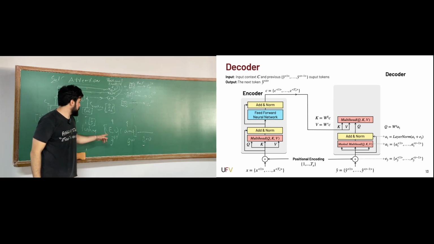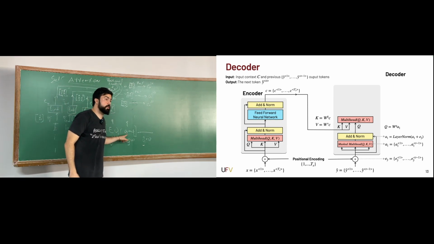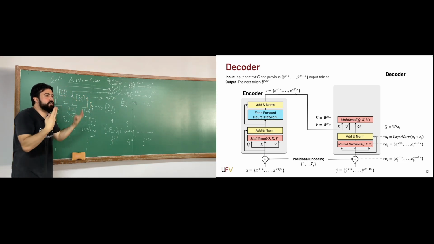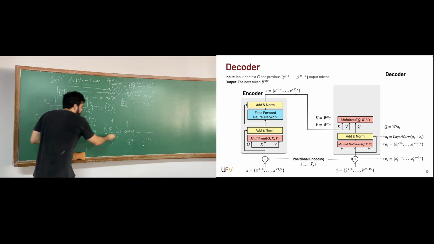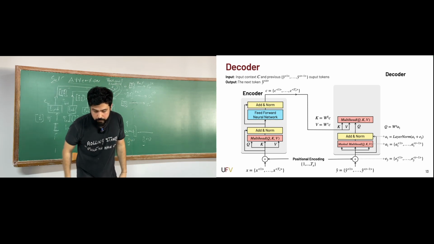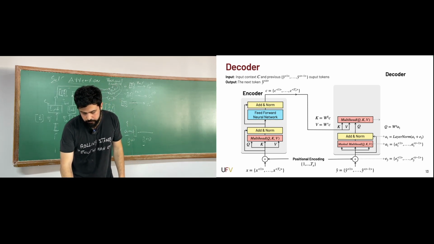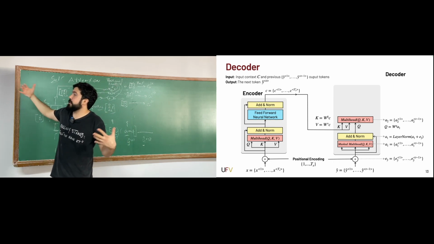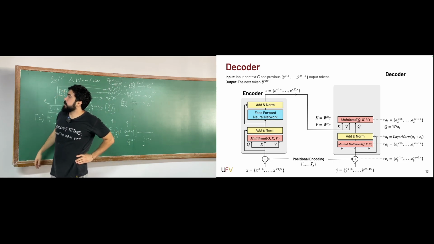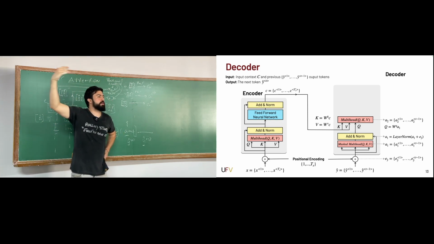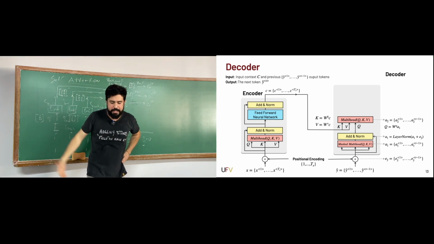So for each of these decoded words, I am computing a similarity or an attention score between this and these three, and between this and these three. So I produce now this cross-attention vector.